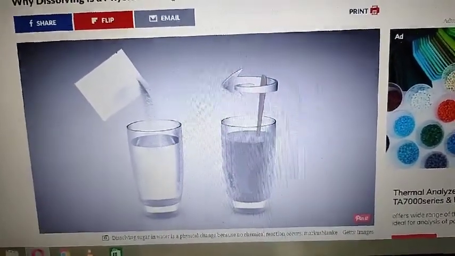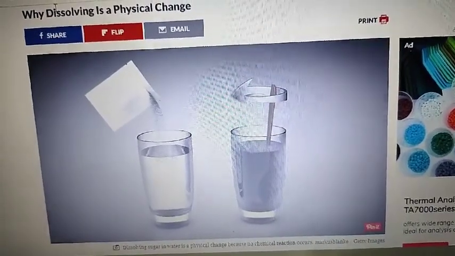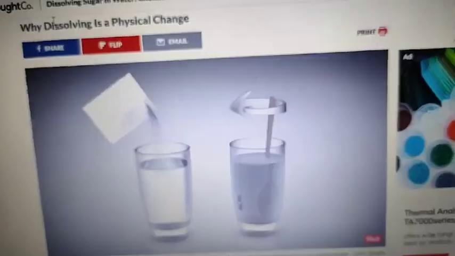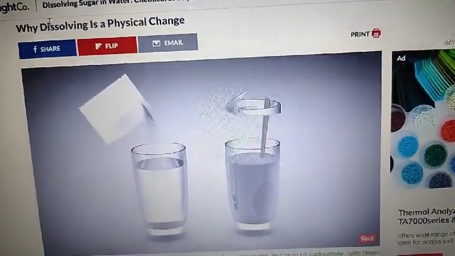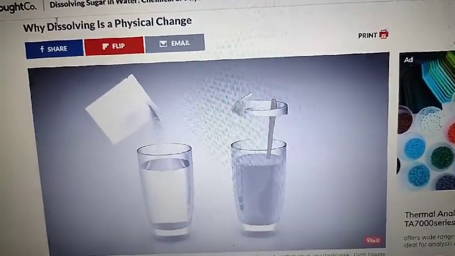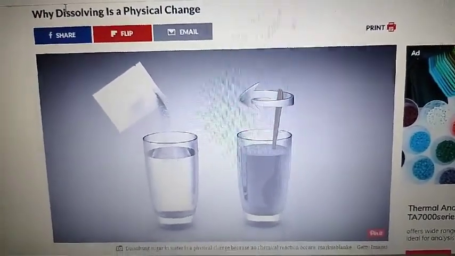We all know that sugar is sweet, and if the sugar dissolves in water, the solution of sugar also tastes sweet. So basically, sugar has not lost its basic properties, right?